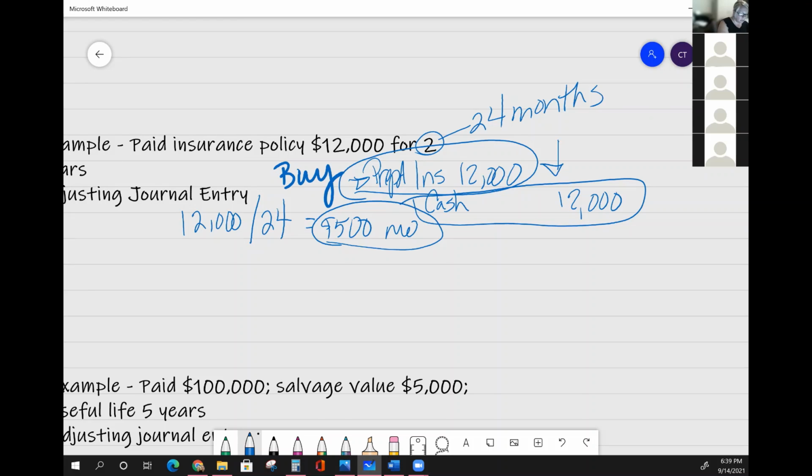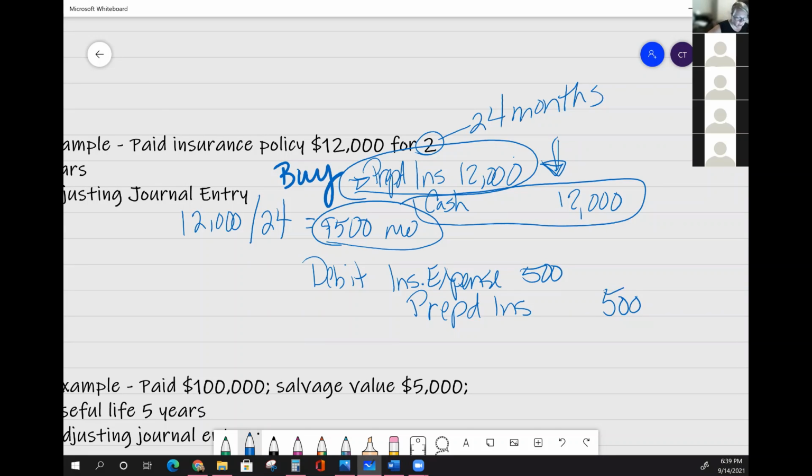So I'm going to do an entry for a debit to insurance expense, $500. And then my credit needs to reduce this asset, this prepaid account. So I'm going to credit prepaid insurance. That is going to decrease the balance in the prepaid insurance account.